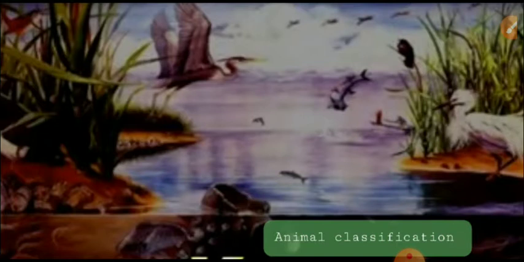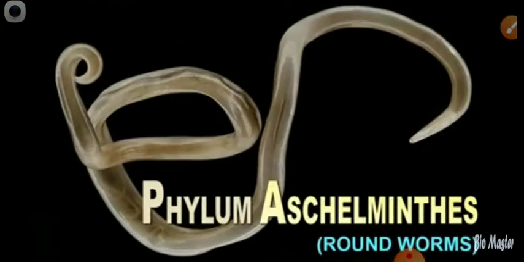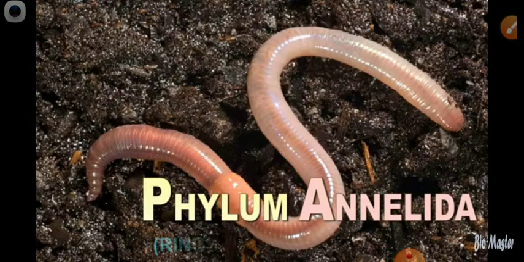Today we will start with the Aschelminthes. Now, let us show you some pictures here. This is phylum Aschelminthes. In that, roundworm is the example. Phylum Annelida is there. Earthworm is the example of phylum Annelida.